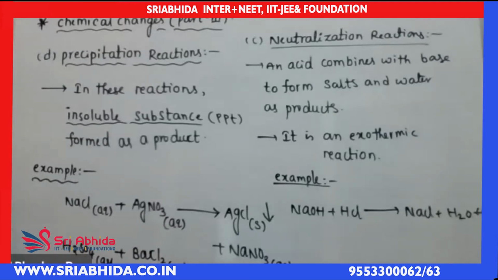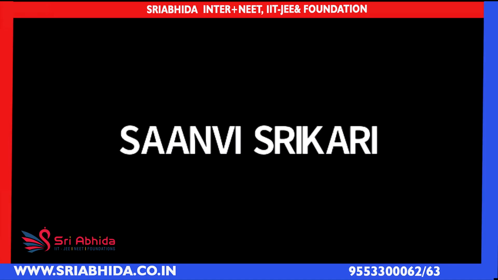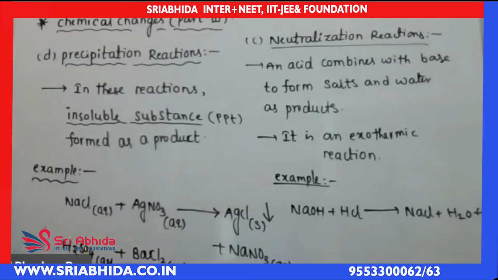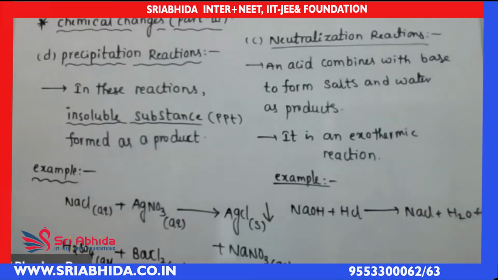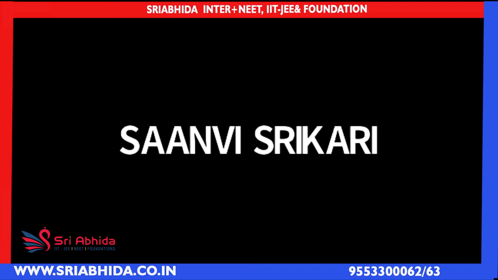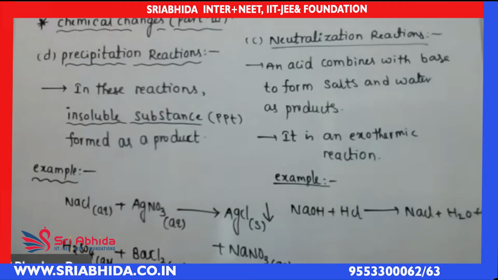So what are the products? HCl plus barium sulfate, BaSO4. What is the charge of barium? Plus 2.